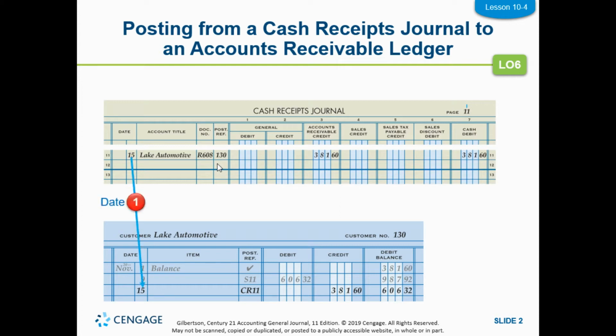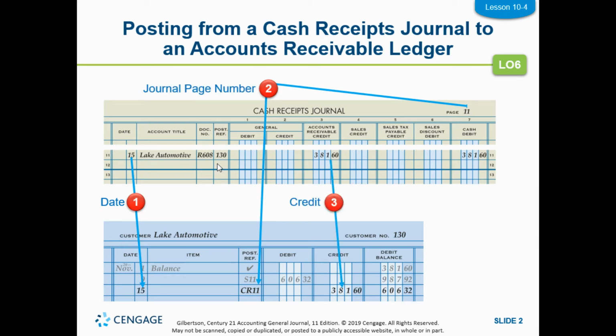All right. So post here, put down the date, the source reference. We're going to credit Lake Automotive. Now think about this. We have a previous debit balance of $987.92, and now we're receiving payment from one of our customers of $381.60.